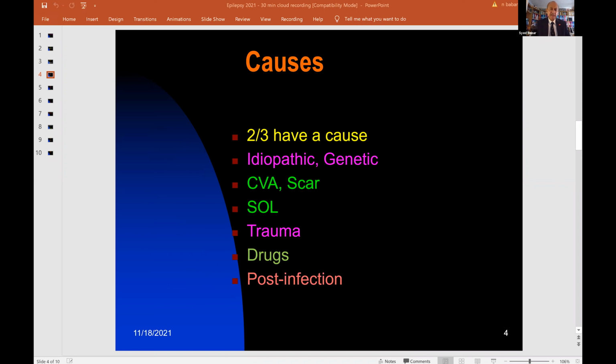It is established that almost 2/3 of the patients who suffer from epilepsy have a cause which can be identified. It could be an idiopathic condition with no cause found and no explanation at all as to the trigger. It could be a genetic condition, so therefore there is a past family history of first-line blood-related family members who have had epilepsy and no cause in them has been found as well.